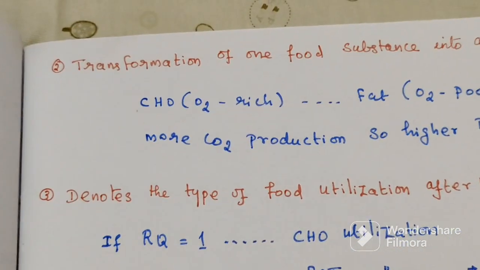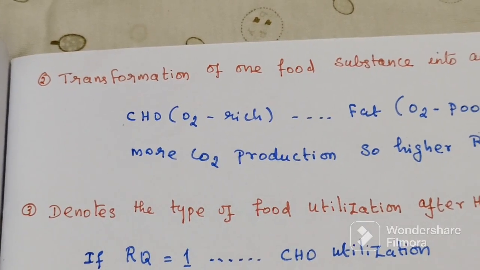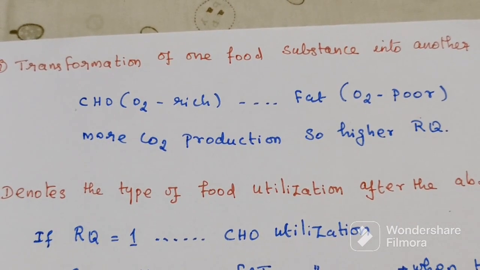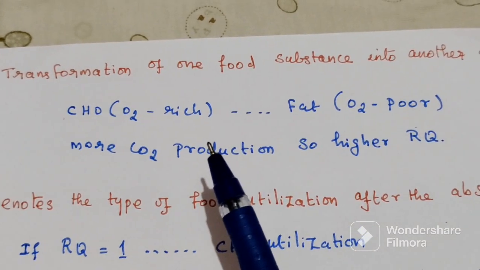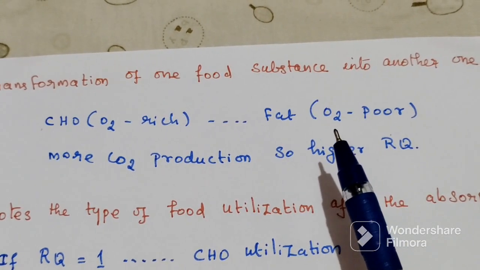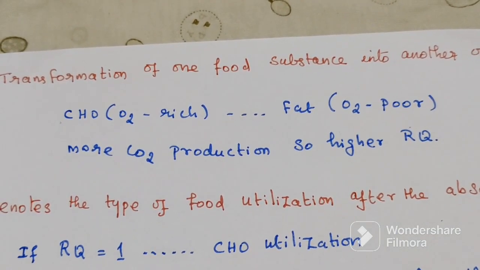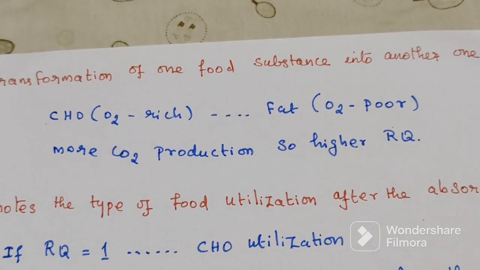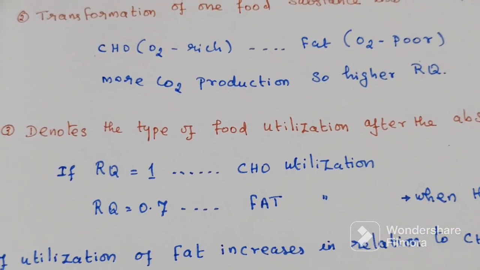Second, the transformation of one food substance into another is measured in the form of respiratory quotient. Carbohydrate is an oxygen-rich molecule, while fat has less oxygen, so here with less oxygen, more carbon dioxide is produced, giving a higher respiratory quotient for carbohydrate, while fat has a low respiratory quotient.